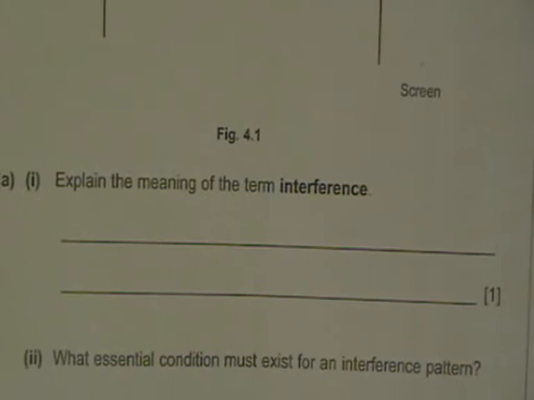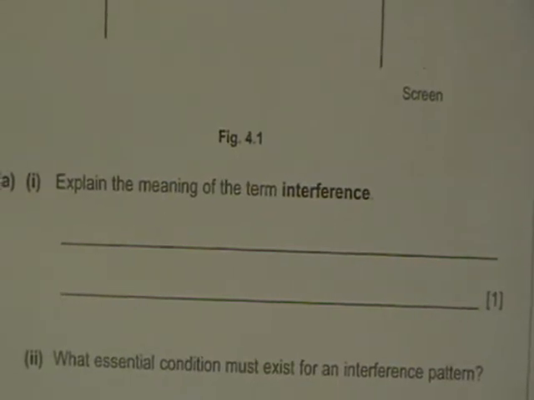Now, interference is a wave property. It's the property that occurs when waves from two coherent sources overlap and produce a pattern. So what is interference?